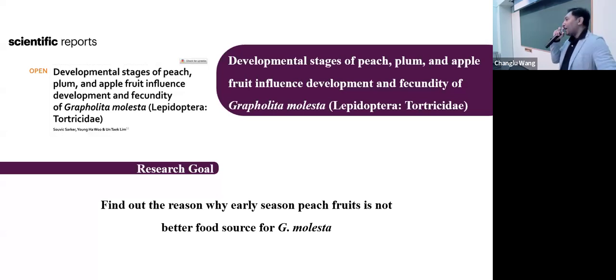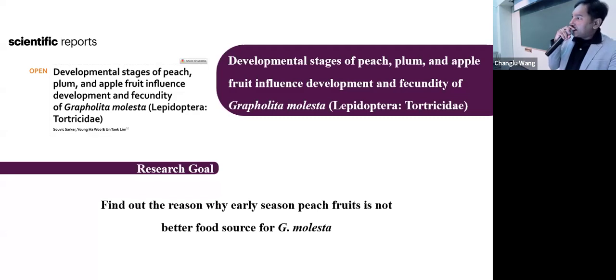So here, I wanted to know what is the reason why immature peach was unsuitable, but later it becomes suitable. What is the reason behind that? So here I tried to get that answer, how we can find out when the insect shifted its choice from peach to apple, or when the fruit becomes more favorable for them.